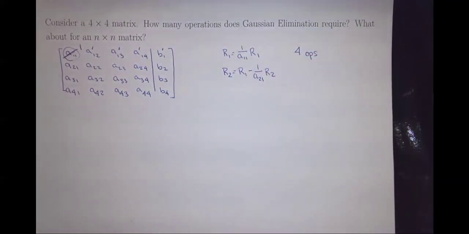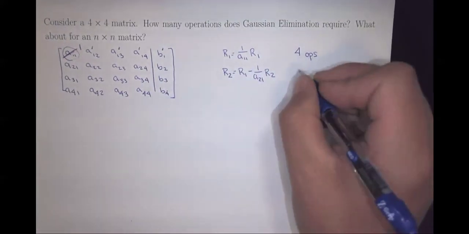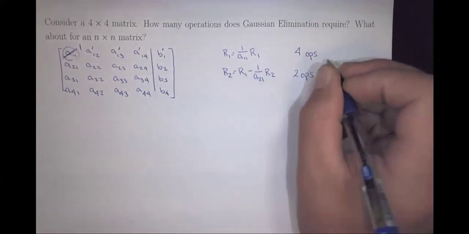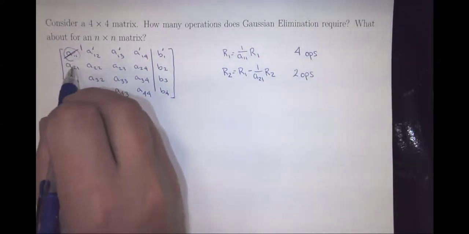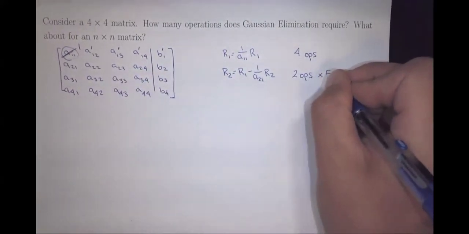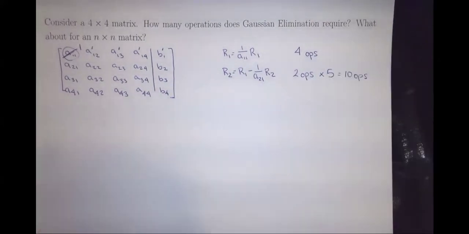Or it's going to be A21 times row 1 minus row 2, which is probably easier because you don't have any divide by 0 issues. In any event, you're going to have a subtraction and either a multiplication or a division. So you're going to have 2 operations, and you're going to have to do that 1, 2, 3, 4, 5 times for a total of 10 operations. It might be easier to leave that as 2 times 5 for the time being.